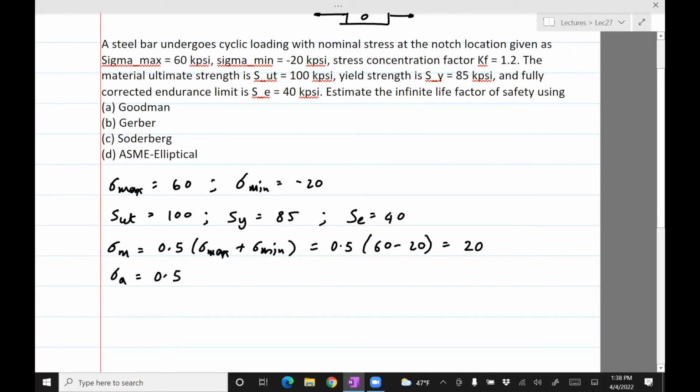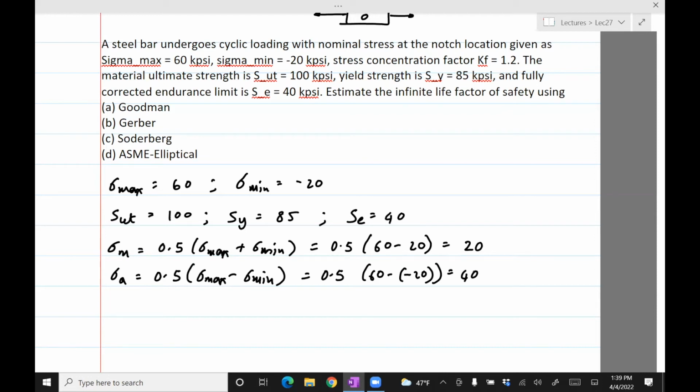Sigma A is half of the difference, 60 minus 20, 40. Okay, now we can start working in the equation.